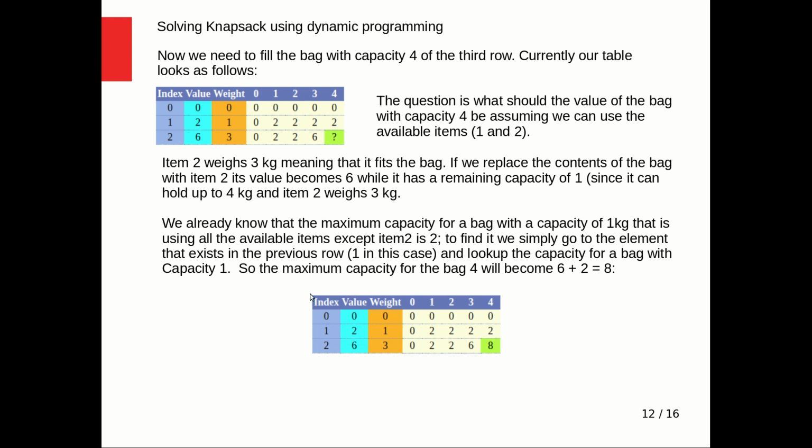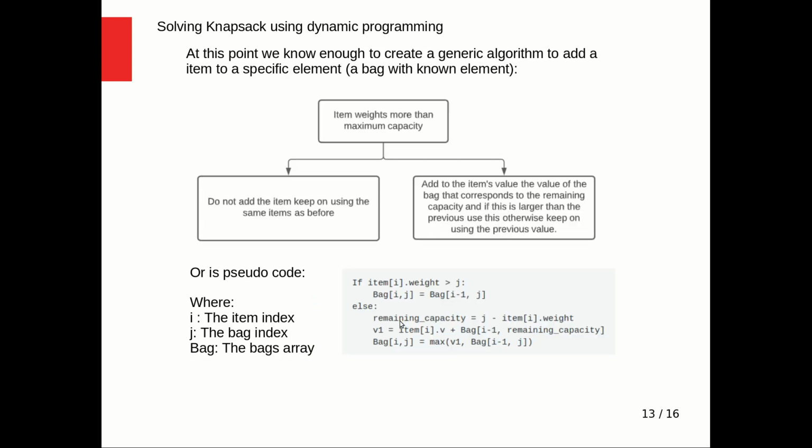And by doing so, we're getting to this point here, where now we know enough to create a genetic algorithm to add any item to a specific element of the array, except the first one, which is all zeros, and we know how to handle it by default.